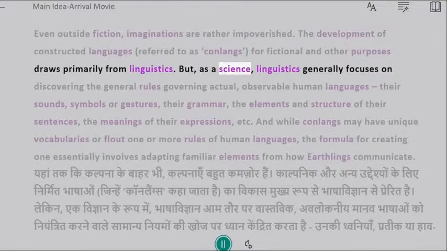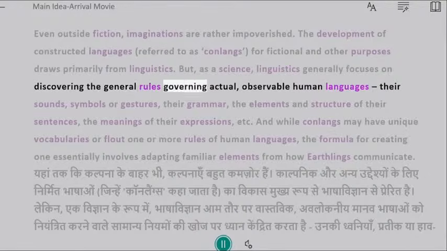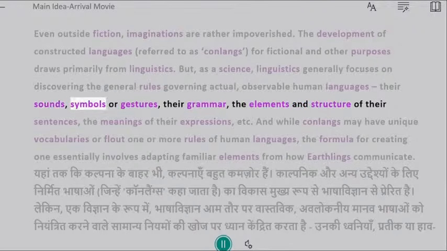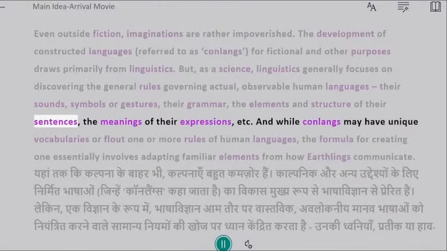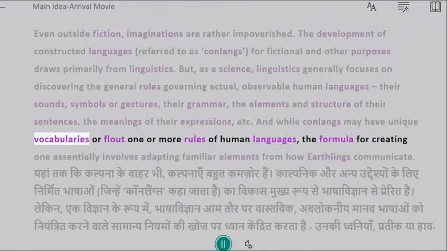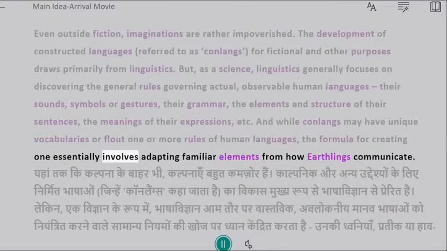But as a science, linguistics generally focuses on discovering the general rules governing actual, observable human languages, their sounds, symbols or gestures, their grammar, the elements and structure of their sentences, the meanings of their expressions, etc. And while conlangs may have unique vocabulary or flout one or more rules of human languages, the formula for creating one essentially involves adapting familiar elements from how earthlings communicate.